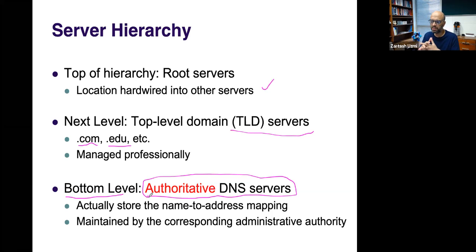LUMS's own DNS server will be managing it, unless LUMS outsources that, which it doesn't, by the way. LUMS has a few DNS servers on campus. We do have DNS servers. By the way, these DNS servers are pretty much very simple software. Open source is available. You can run a DNS server on your own. You can run one too.